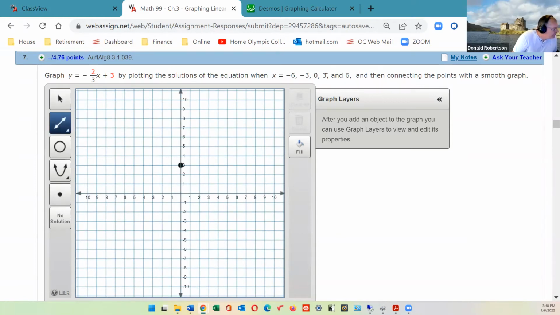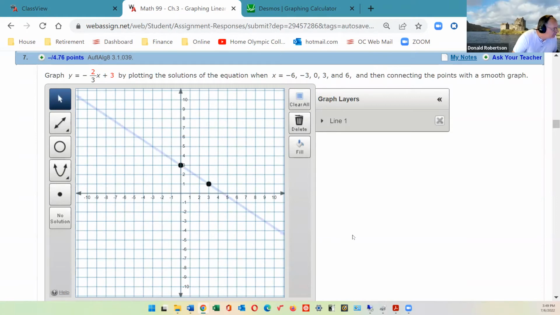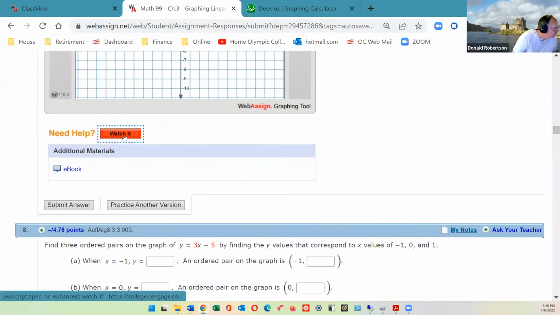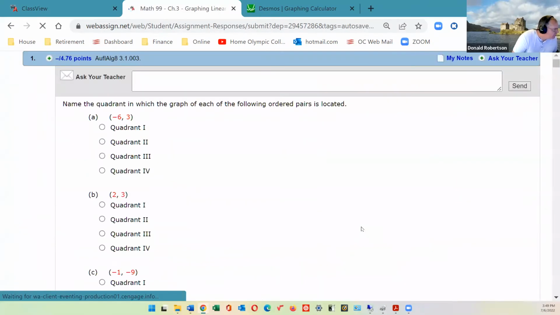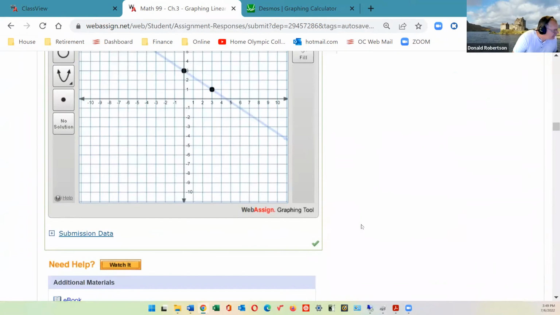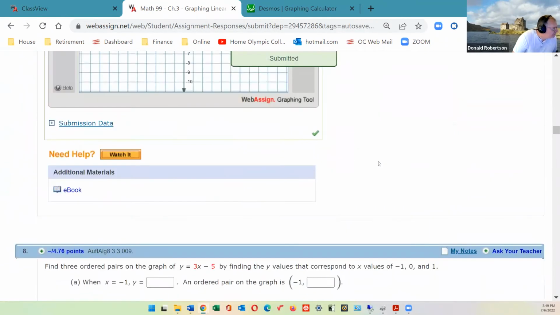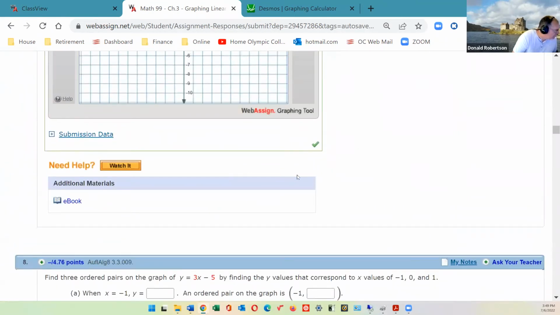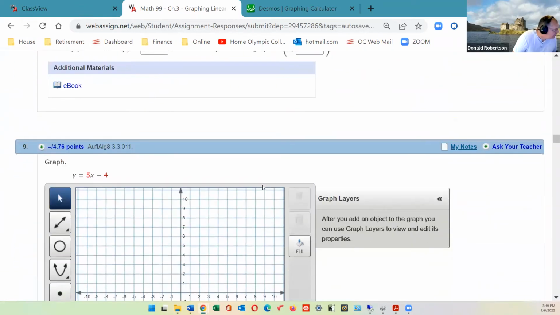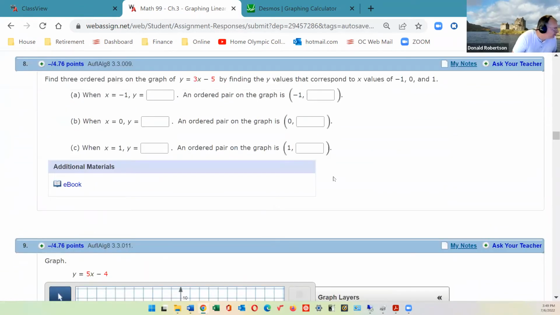Now, if you pick x as 3, for instance, and you plug it in here and you do the calculation, you get the answer is 1. So x is 3 and y is 1 is that point. And then you could watch it if you want, but submit. And that one should be correct. And of course it is. And you could also, if you wanted to, practice another and so on.